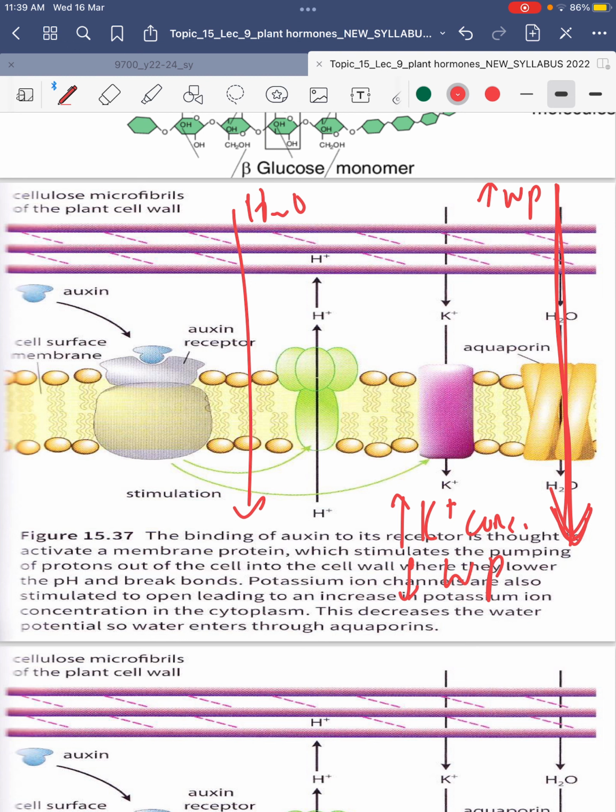And that's when the cell starts to expand and becomes longer, and that is what we call growth. When the cell expands, it can expand because the cellulose cell wall is already flexible, due to the loosened cross linkages between the cellulose microfibrils, due to the low pH, due to the high concentration of acid.